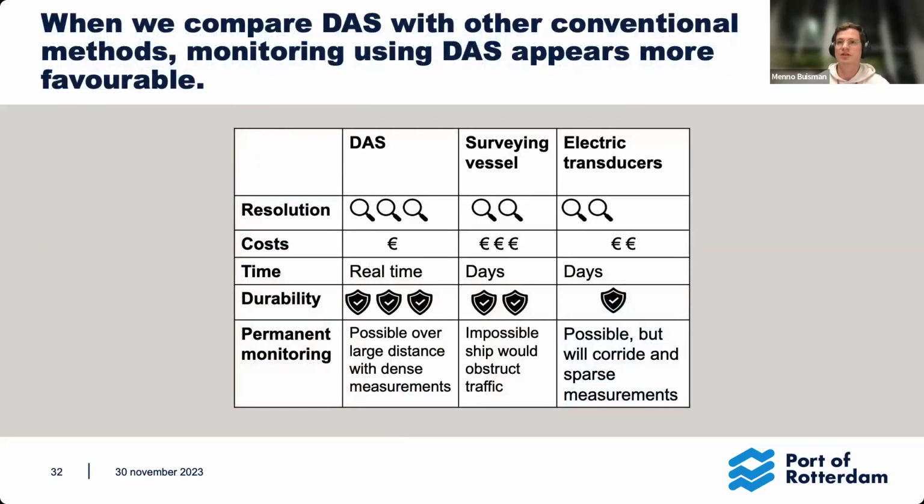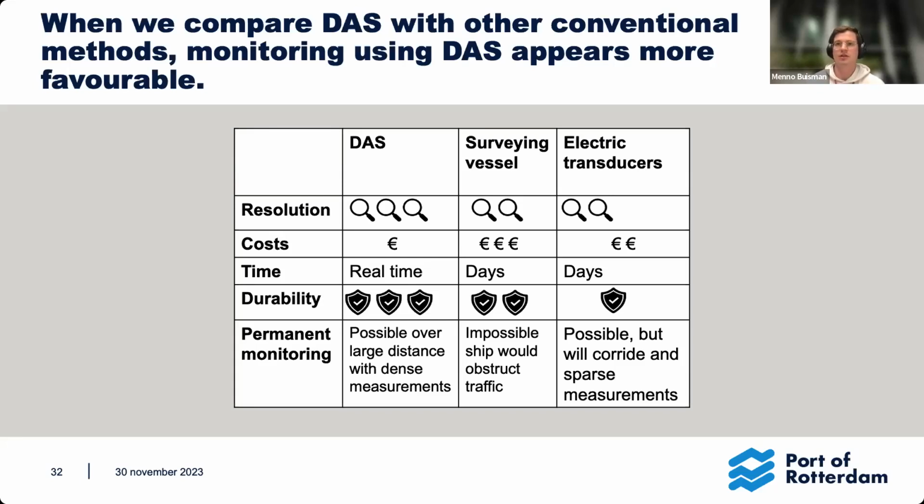Now, these surveying vessels, they may or may not have the same resolution. That depends a bit on how much tidal mixing there is, how much freshwater, seawater, and how many temperature anomalies there are, and also the depth. But the surveying vessels, they are usually manned by a crew of 5, 6, 7 people, and they take many days to survey the whole course or the whole area, which is costly.